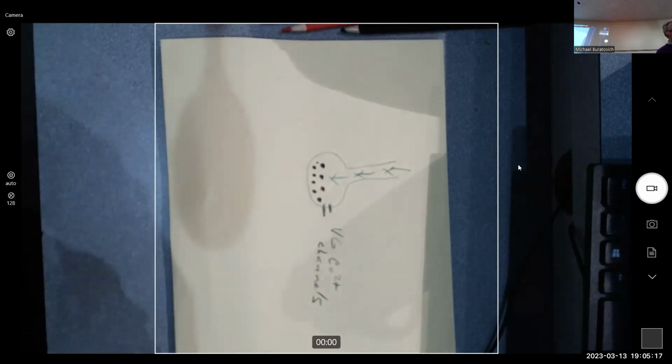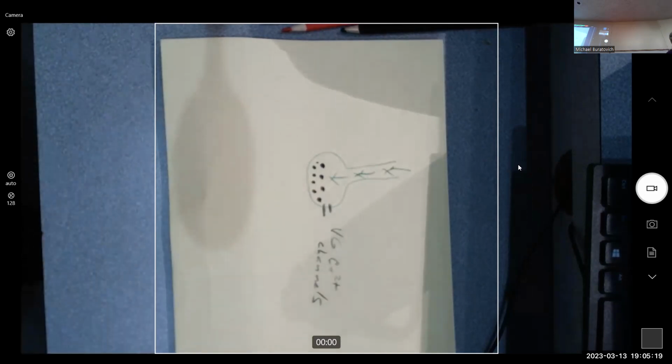Is it norepinephrine? Is it glutamate? Who thinks it's glutamate? Who thinks it's norepinephrine? Who thinks it's GABA? Anybody have any ideas? All motor neurons release acetylcholine.